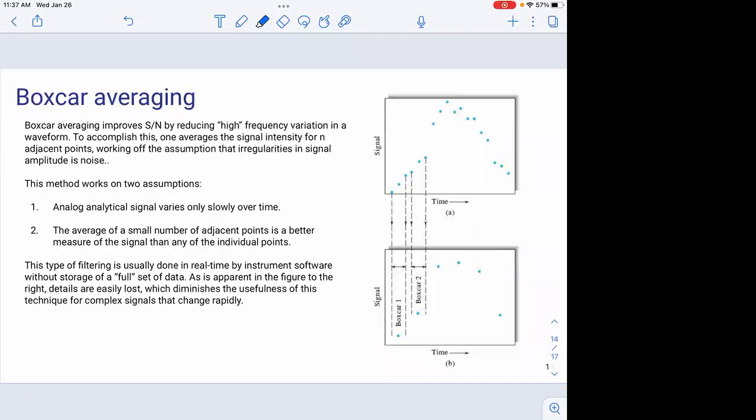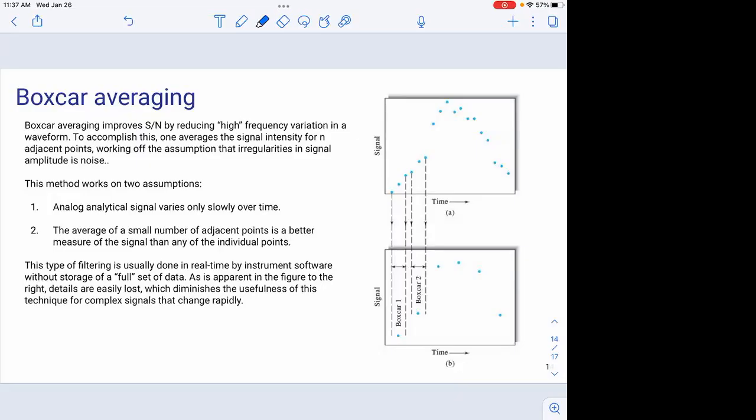All right, so then the next software method for getting rid of noise is called boxcar averaging. Boxcar averaging is all right. It's not great. It improves signal to noise by reducing high frequency variation in a waveform. So you're making a couple of assumptions here. The first is that the signal you're looking at is of low frequency.